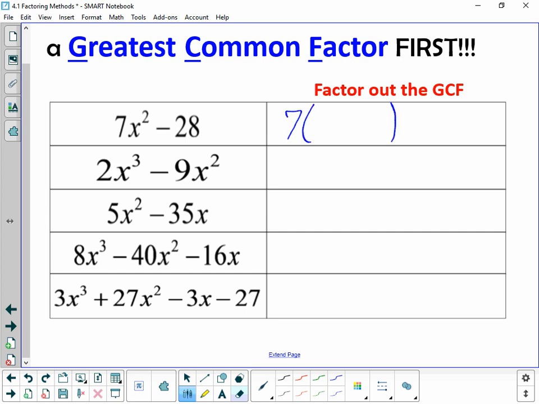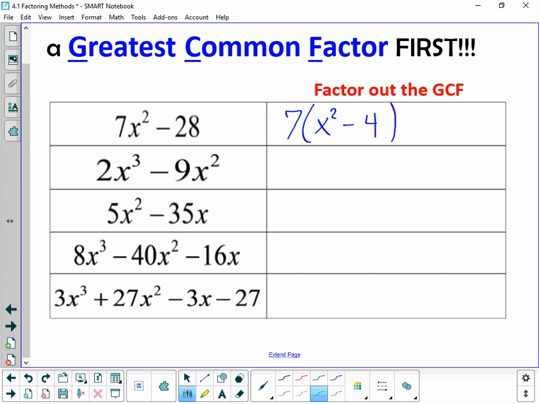If we factor 7 out of the first term, that leaves 7x squared, and if we factor out a 7 from the second term, it leaves a minus 4. So the common factor was 7. Essentially, when you're factoring, remember that you're unmultiplying. We want to unmultiply that 7 from those two terms. We could factor that one a little bit more, but we'll save that for a minute.